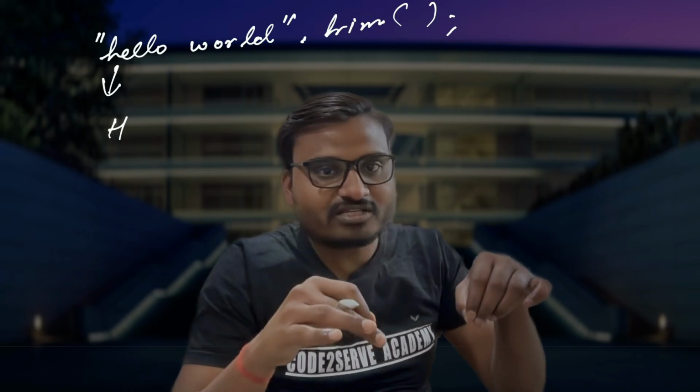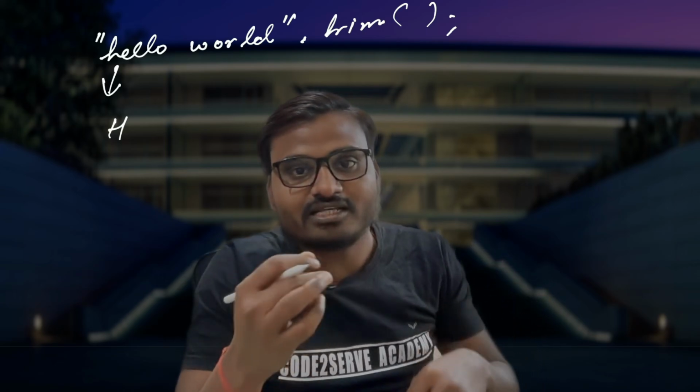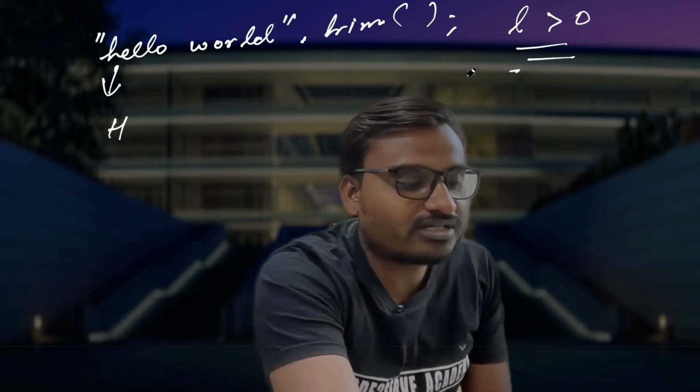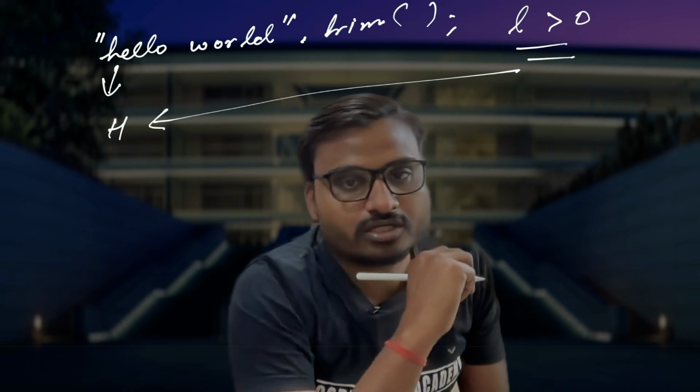That means, after trimming, we can do trim as well. If we do the trim of this, whatever white space is present before and after will get removed, and whatever is left, if that length is greater than 0, then the first character that we have, let's convert it into capital.